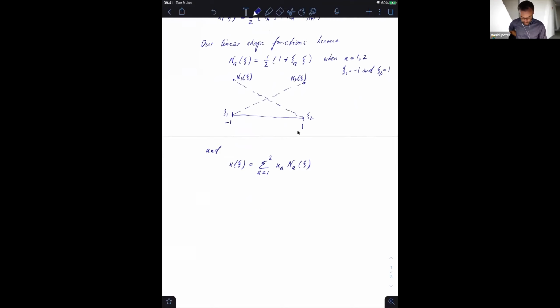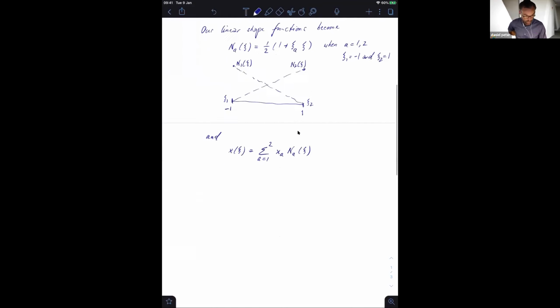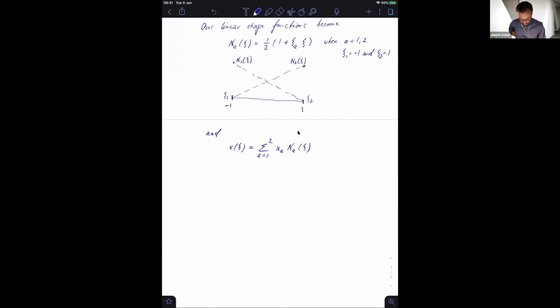So why are we doing this? So let's go back to the stiffness matrix.